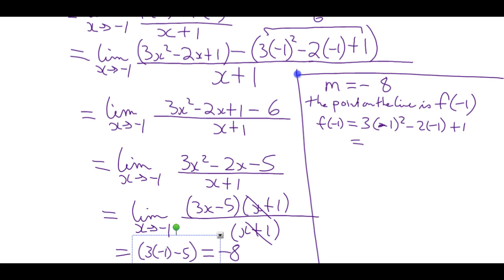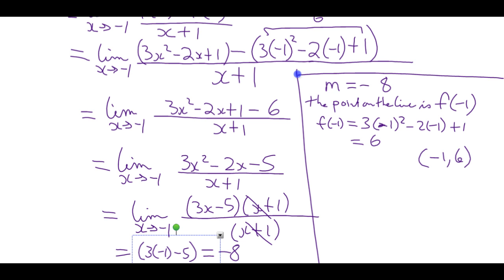Didn't we already work this out? 6. Hey, we already worked that out. So we know that the point that we're going through is -1, 6. 3 plus 2.